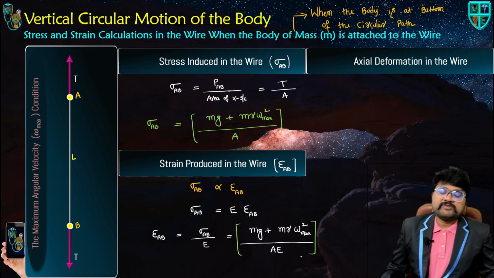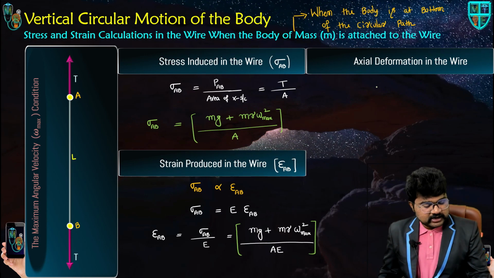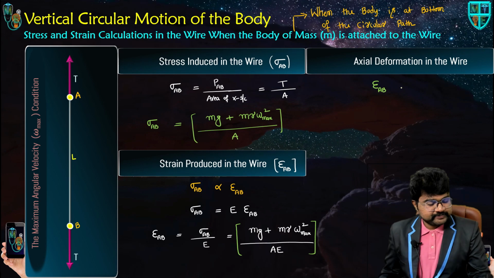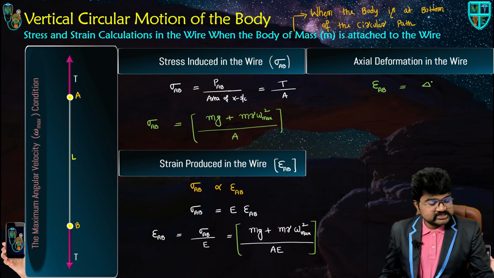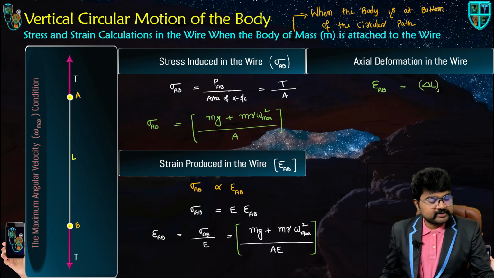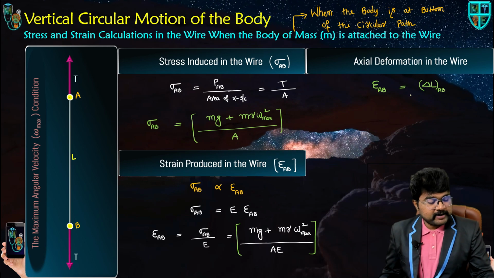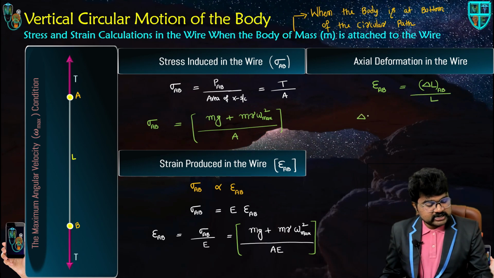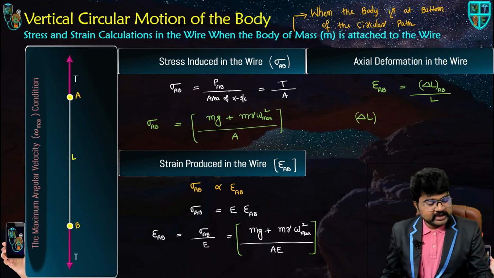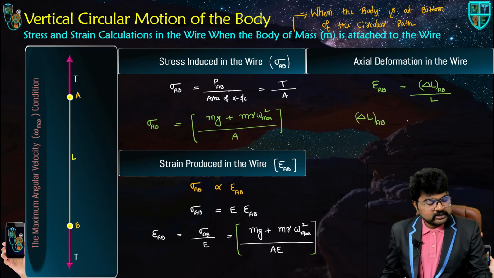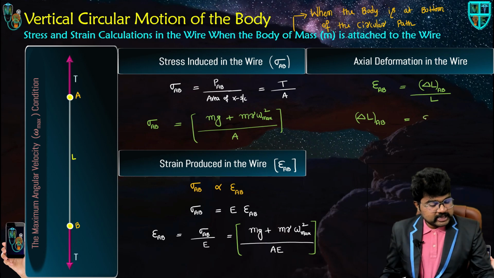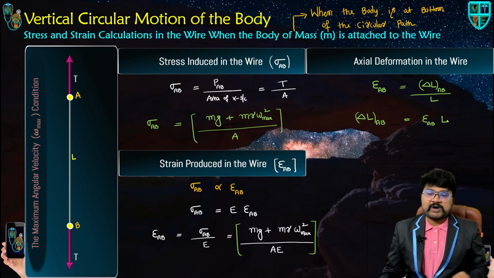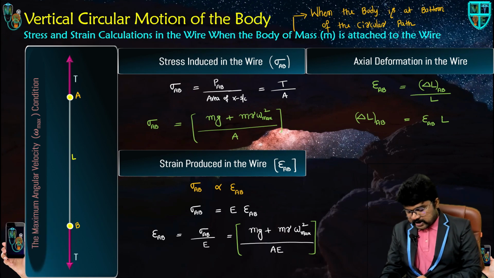Now axial deformation in the wire. We already know that strain produced in the wire equals change in dimensions of the wire AB by length of the wire. So axial deformation in the wire AB equals epsilon AB into the original length of the wire.